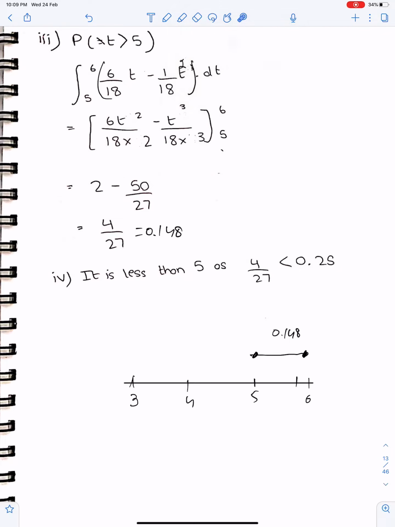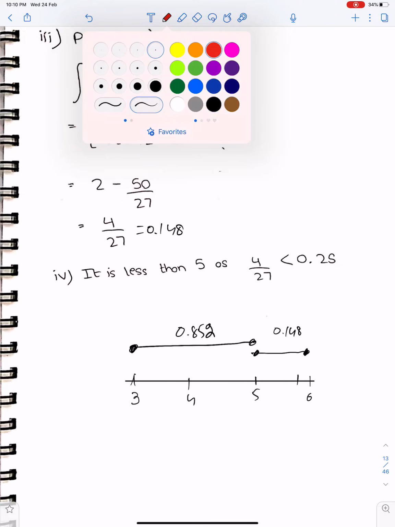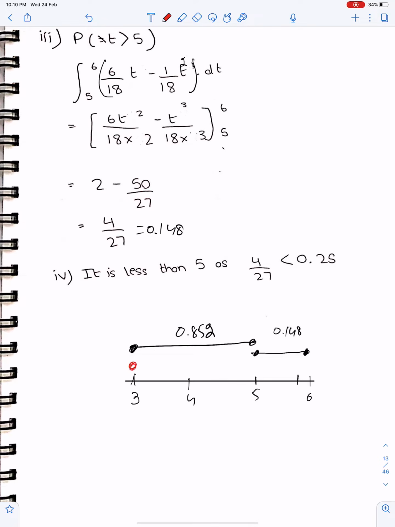And the probability up to 5 will be 1 minus 0.148, which is 0.852. And you know, the upper quartile has probability 0.75.